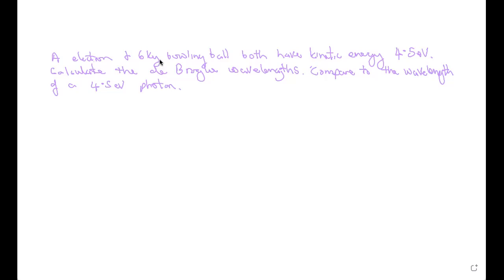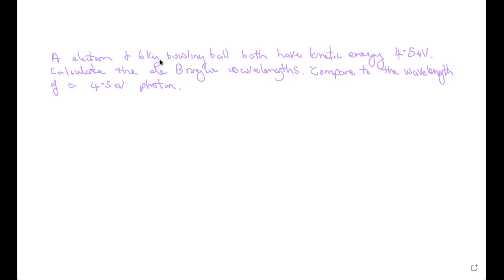We're told that both the very light electron and the much heavier bowling ball have the same kinetic energy, 4.5 electron volts. And from that information, we're going to figure out what the de Broglie wavelength, the matter wavelength of the electron is and of the bowling ball is.